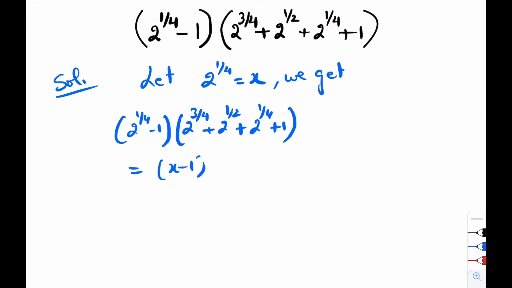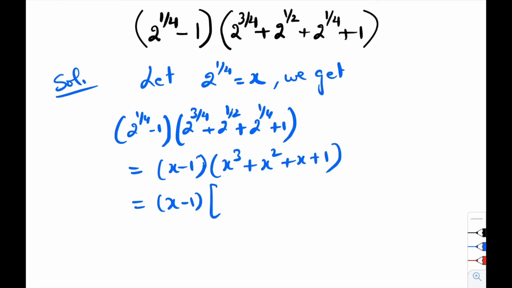x minus 1 and x cube plus x square plus x plus 1. Here we write 2 raised to the power 1/4 equal to x. So this is equal to x minus 1.